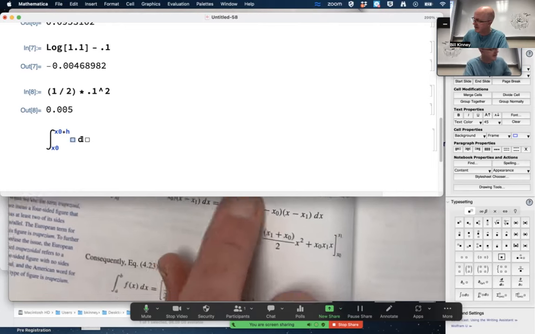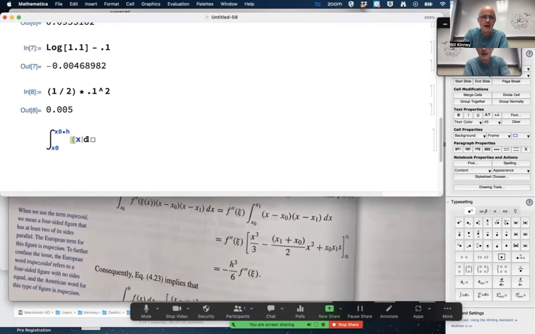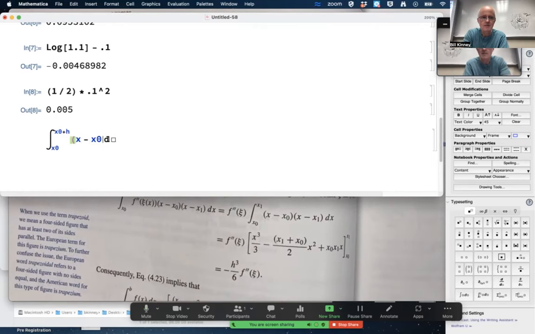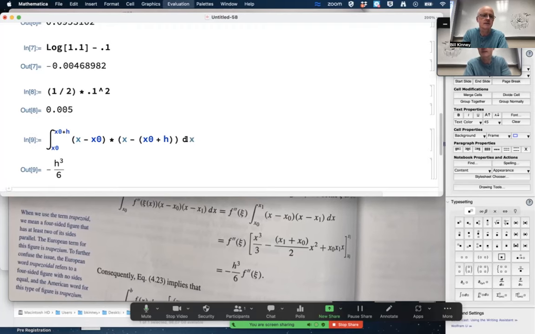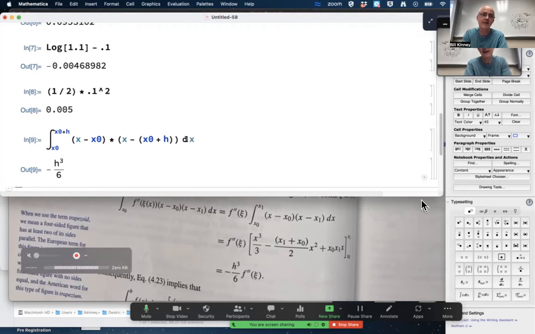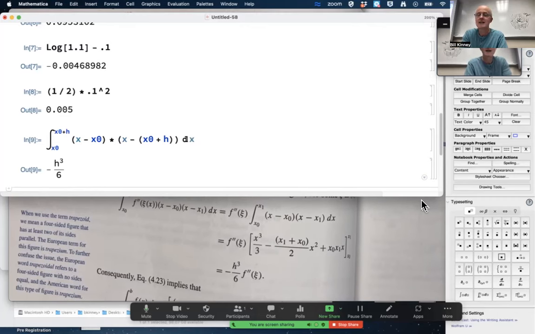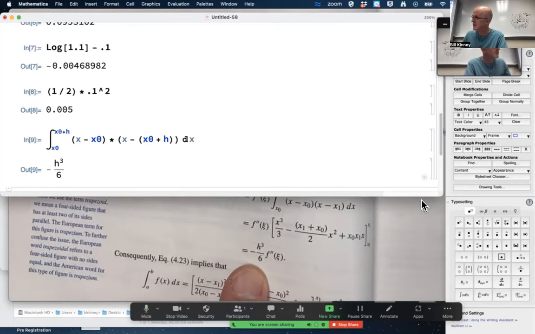What am I integrating? I'm integrating this product, x minus x0 times x minus x1, where for x1 I'll type in x0 plus h. Let's see what this produces. Evidently a bunch of stuff cancels involving x0. I didn't even have to use the simplify function. It simplified automatically. That's where the negative h cubed over 6 comes from.